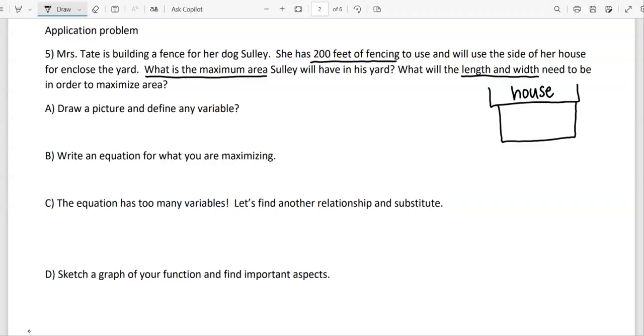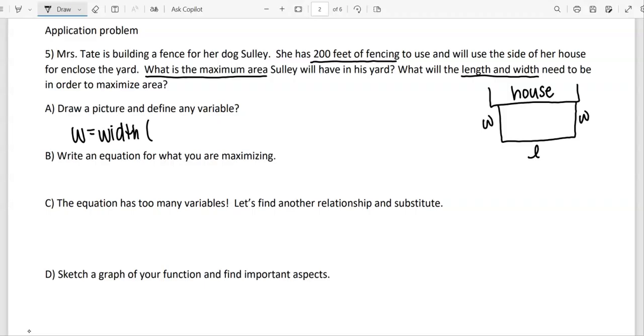Length. Let's make the long side length, okay? And width. What's the other side? Width. Do we have another length? Yeah, but not really, because we're not using fence up there, right? Okay, so W is equal to width.